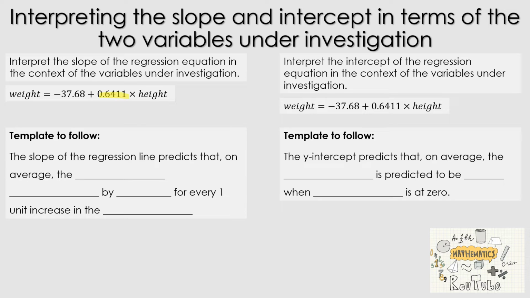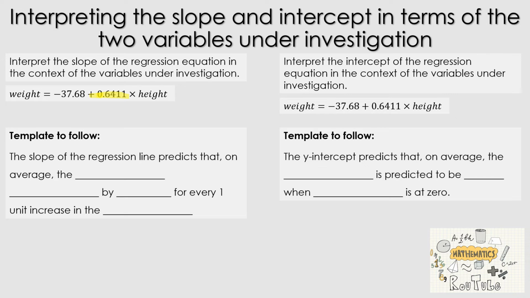Our slope is that value there, and please take note of the addition sign that comes before the slope value. So we're looking at 0.6411 and it's positive. That's really important, and we'll talk about why in a second when we get to our intercept interpretation.